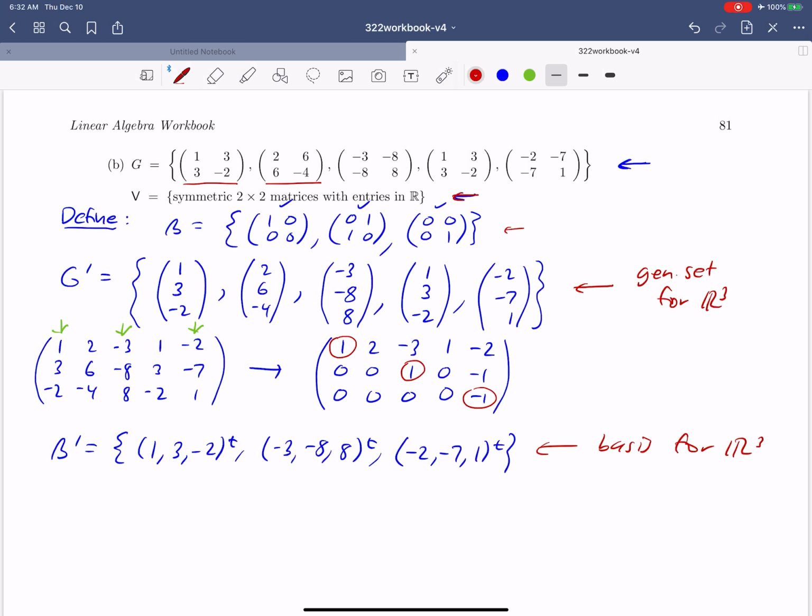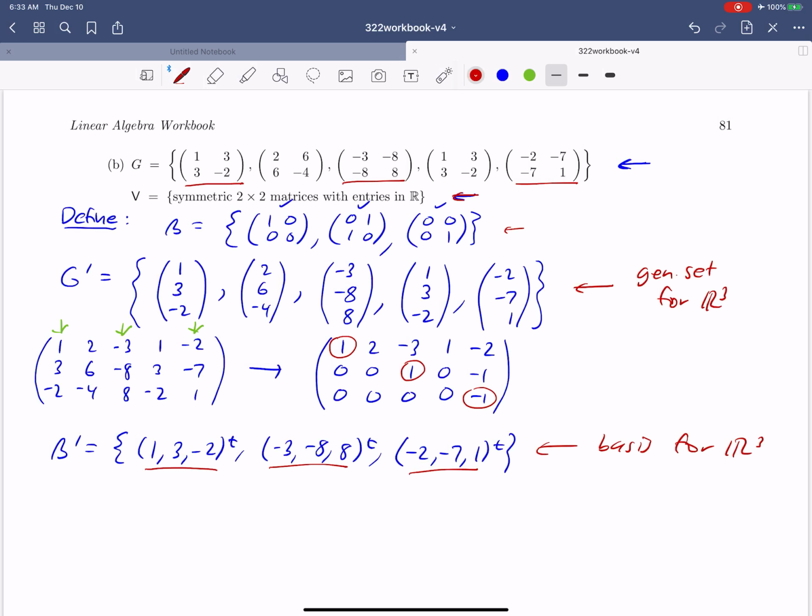Now, because of the isomorphism that we mentioned, that tells us which matrices we should take to get a basis for V. Starting with this first coordinate vector, that was the coordinate vector which went with matrix number 1. This coordinate vector went with matrix number 3, and this one with matrix number 5.